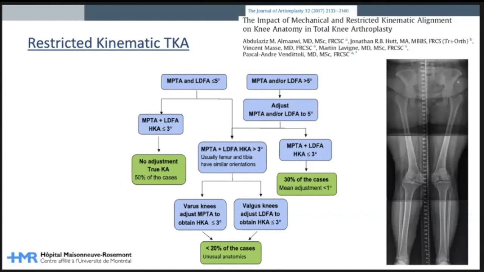In another group of patients, we need to make some minor adjustment of about 1 degree, and this corresponds to about 30% of our patients. In a smaller group of 20%, we need to make more significant corrections because these patients have unusual anatomies, and in most cases, they have a femur and tibia oriented in the same way, so both in varus or both in valgus.